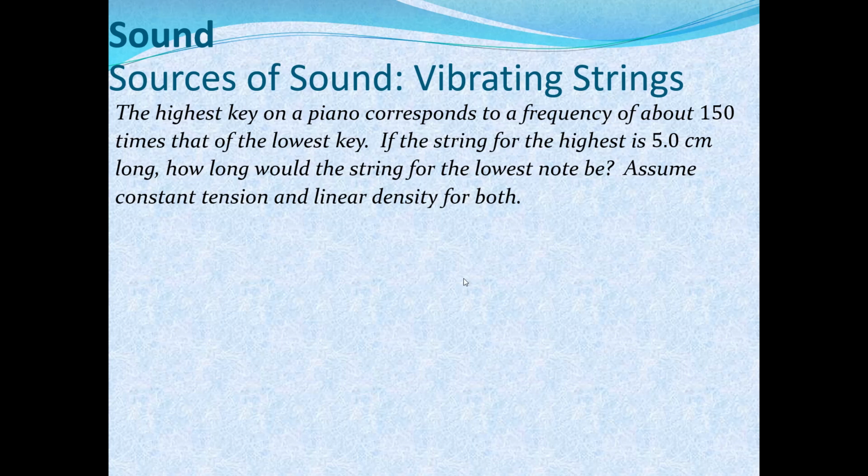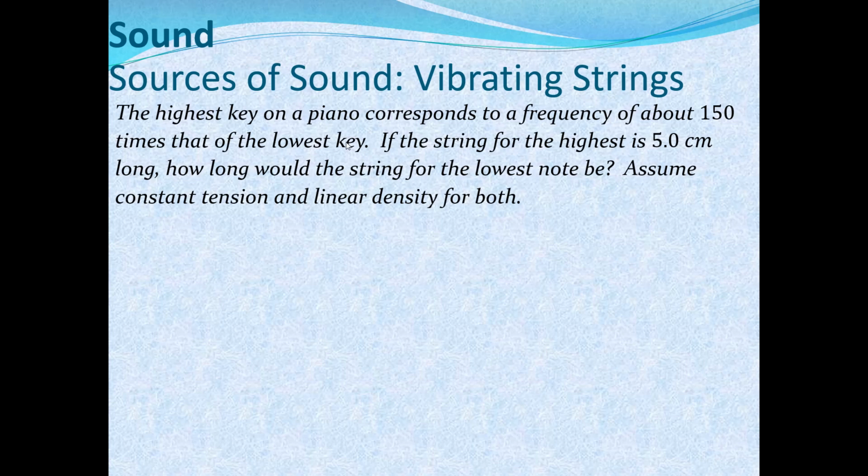All right, so what we want to know is the string for the lowest note, how long the string is. And they tell us that the frequency at the highest end is 150 times that of the lowest end. So one of the things that we're going to want to do is find a relationship between the frequency and the length of the string.